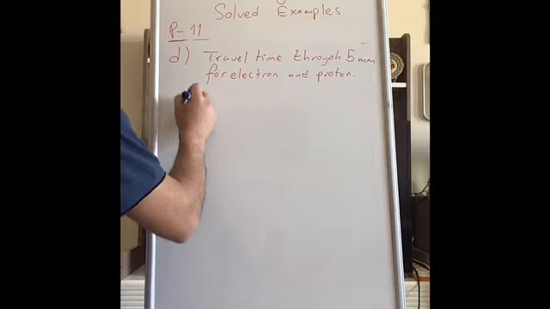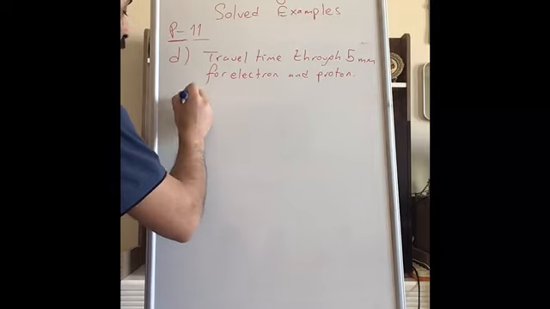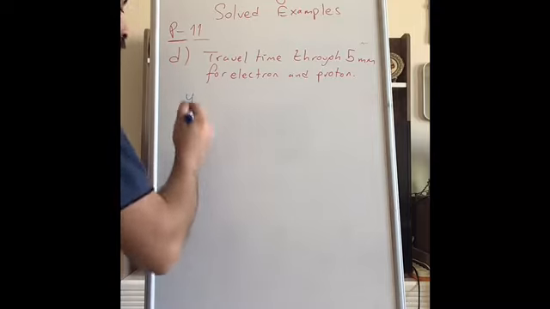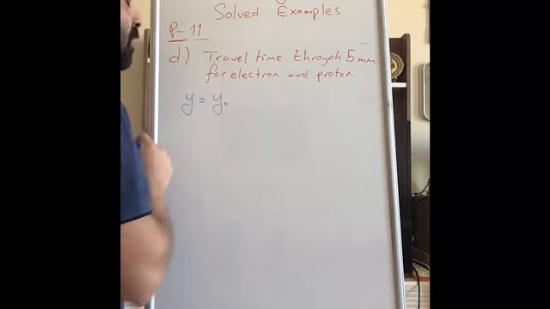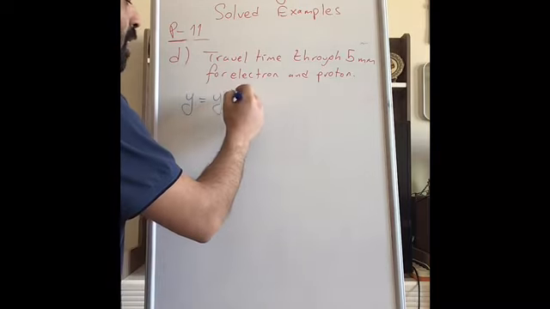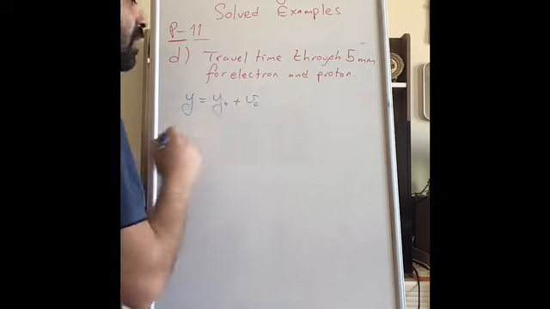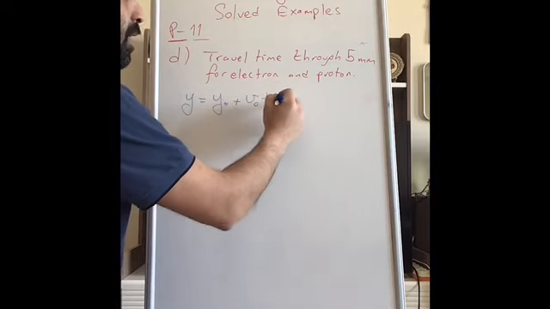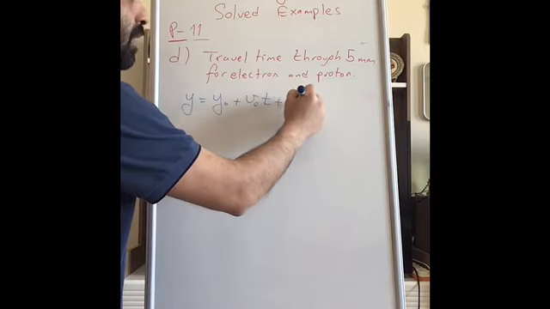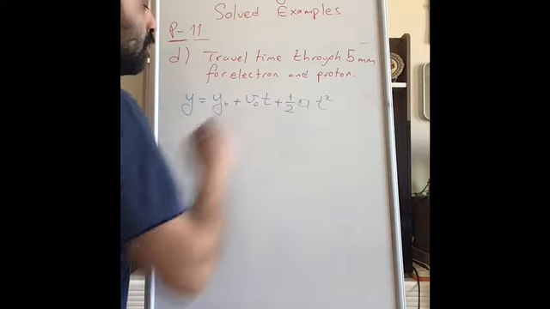So the position, or let's say y here because we are using the vertical axis, will be equal to y0, the initial position, plus the initial velocity times time, plus 1/2 the acceleration times t squared.